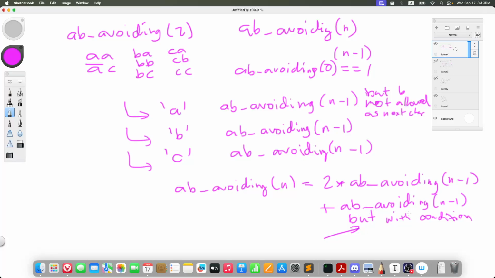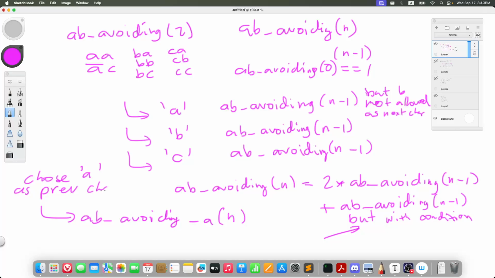Instead of using AB avoiding, let's define another function. Let's call that AB avoiding A. The A here stands for we chose A as the previous character. So AB avoiding A, n. This means we chose A as the previous character.